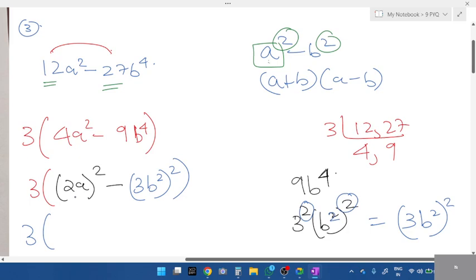Now 3 into apply a square minus b square, a plus b into a minus b. 2a plus 3b square, 2a minus 3b square. Copy this entire thing. This is the third one.